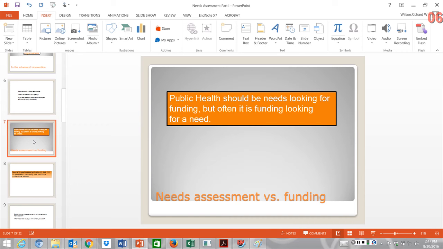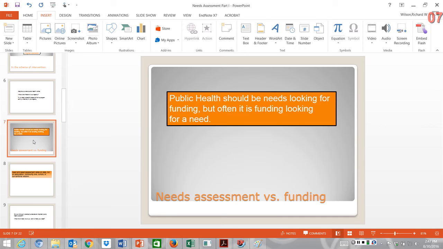Or maybe CDC has money for obesity, so we're going to work on obesity now. There's nothing necessarily wrong with that, but I think maybe you'll see the point. It seems like it would be better if we can do a careful assessment of our circumstances in our community, what is needed to move forward and make it better.